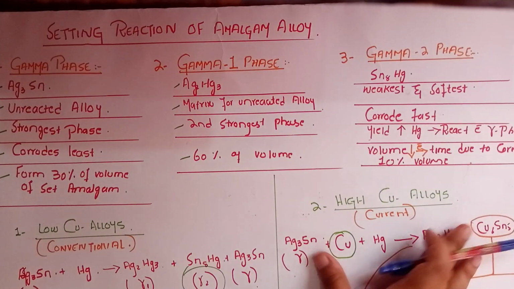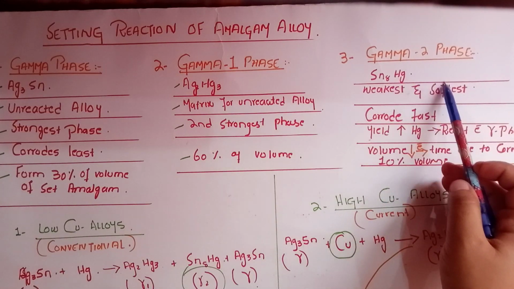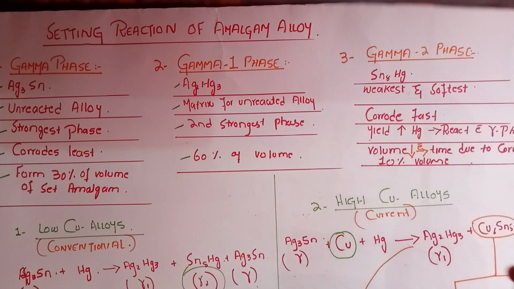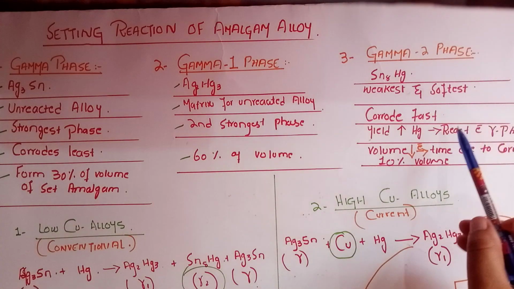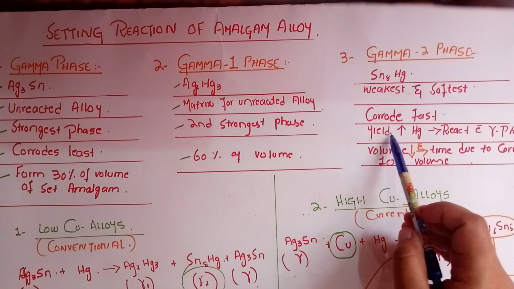The third phase is the gamma 2 phase, which is formed by the combination of tin and mercury, and this is the worst phase of amalgam, and we must remove this phase from the amalgam. So this is the weakest and softest phase, and it corrodes fast.